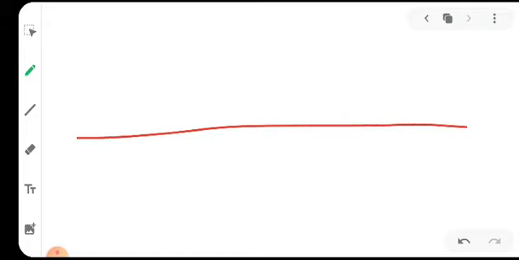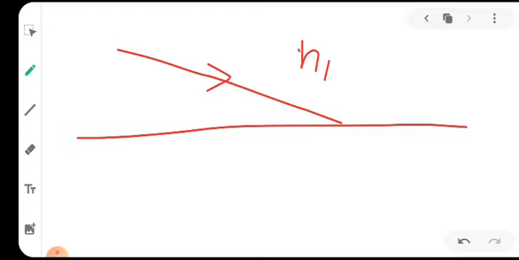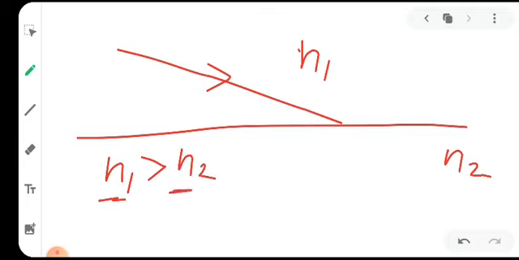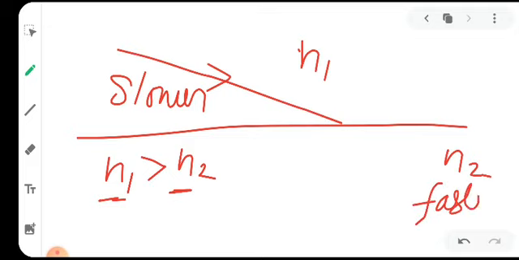Suppose one medium has a refractive index n1, another medium has a refractive index n2. What you do is you check whether n1 is greater than n2 or not. If n1 is greater than n2, which means the light ray is moving slower here, and if n2 is less than n1, then it is moving faster in the second medium.